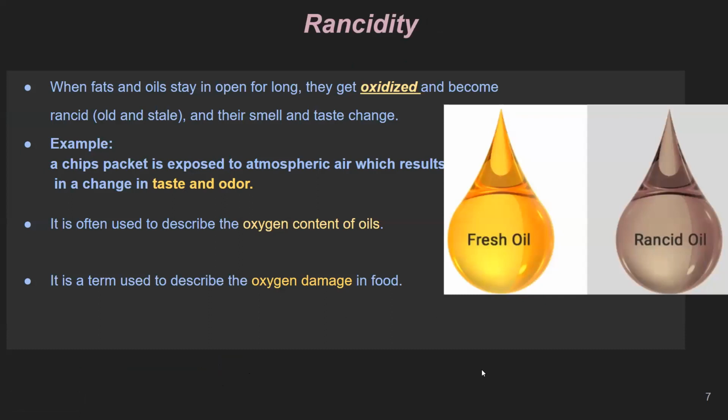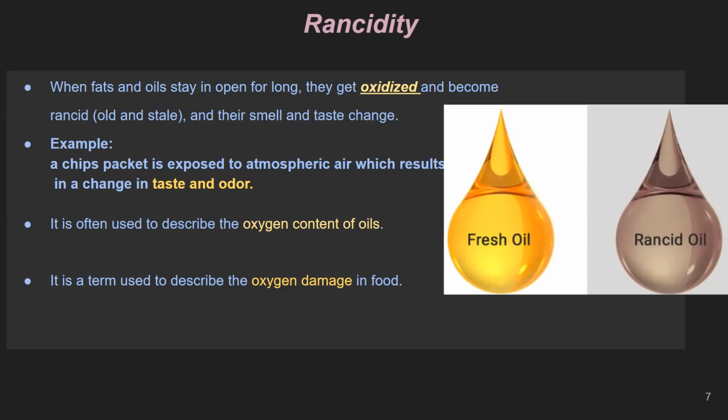Now let us discuss rancidity. What does rancidity mean? Rancidity is the process where fats and oils get oxidized when they are kept open for long and become rancid, old, stale, and their smell and taste change. For example, a chips packet.